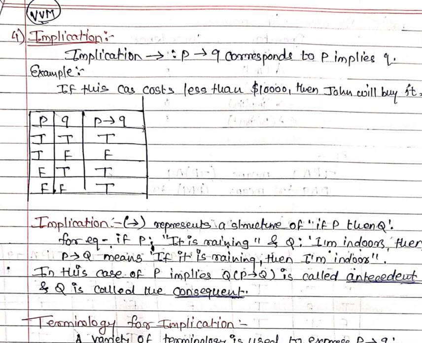In the truth table, as we can see, if P and Q both are true, then the output is true. Whereas if the P statement is true but the Q statement is false, then we get the output as false. But in the remaining two conditions, whether P is false and Q is true, or both are false, the output is true.